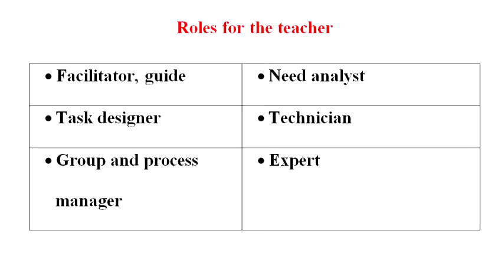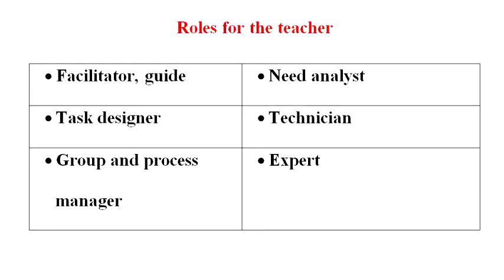Now let's see the role of the teacher. He is a facilitator, a guide, task designer, group and process manager, needs analyst, technician, expert. The teacher helps students transfer knowledge and skills. The teacher teaches the strategies. The teacher nurtures students' motivation and investment in school work.